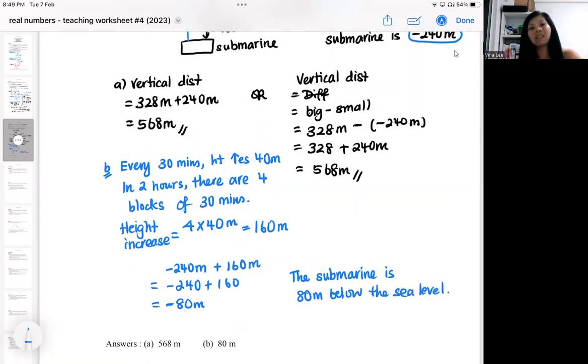You don't have to answer it as a minus 80 because we are answering it in a statement format. So in the calculation format, the negative is the indication that it's below the sea level. So when I answer it in words, the submarine is 80 meters below the sea level. Okay, so that is how you answer it. So there's a significance when something is negative.